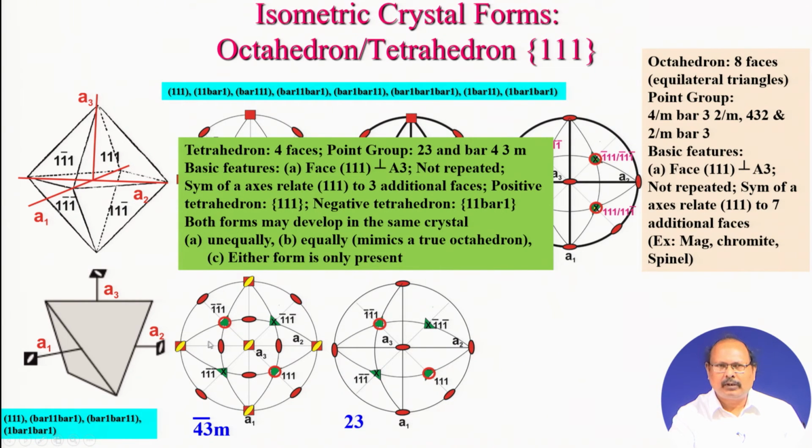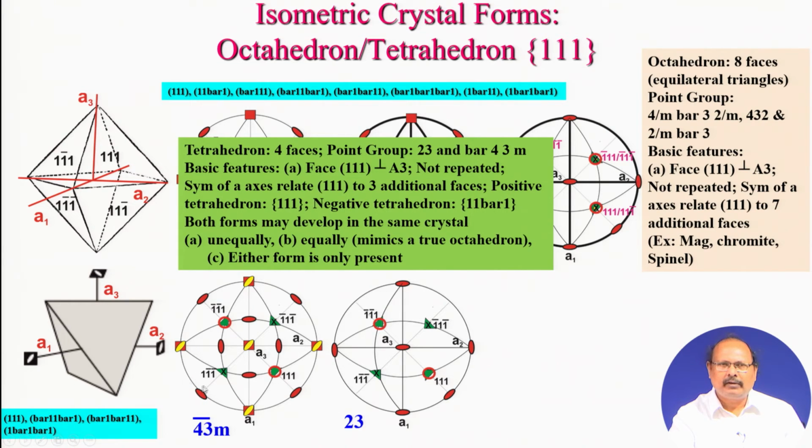Now, this horizontal bar 4 axis will act upon this bar 1 bar 1 bar 1 and will now generate an open symbol here, and what will be the symbol? 1 bar 1 1, because in that situation the open symbol represents the face intersecting the positive direction of the A3 axis.